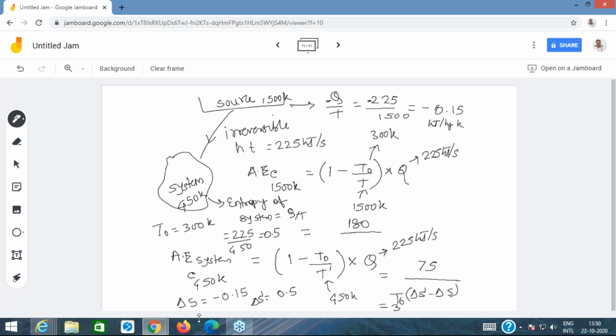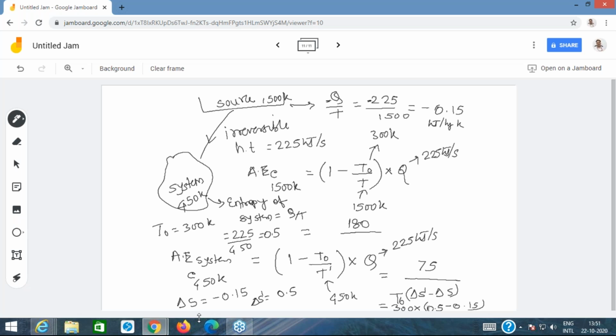T naught is 300 into (0.5 minus 0.15). Okay, so what would that be? It is 105, right?